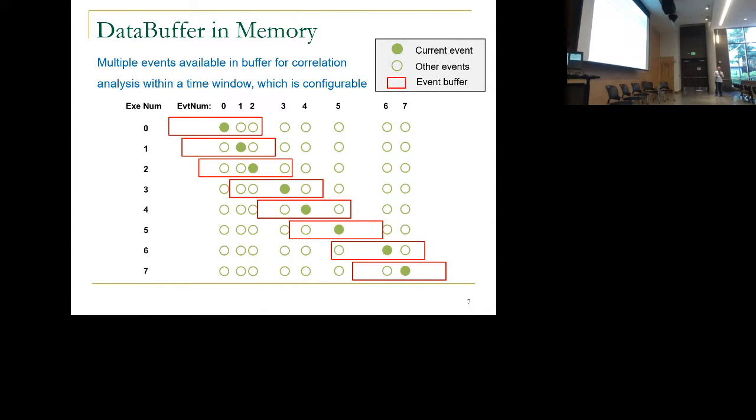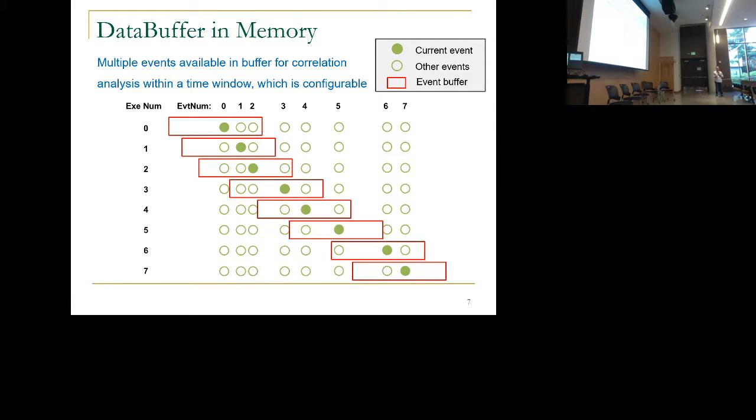This page shows the data buffer in SNiPER. There is a time window in the data buffer. During the event loop of a task, there is an event cursor that moves forward one by one, and it is called the current event.